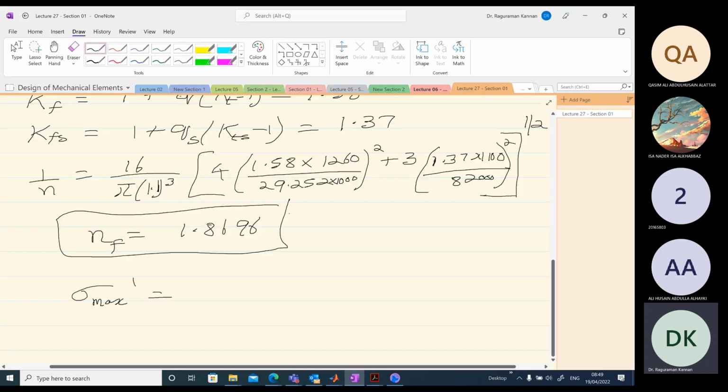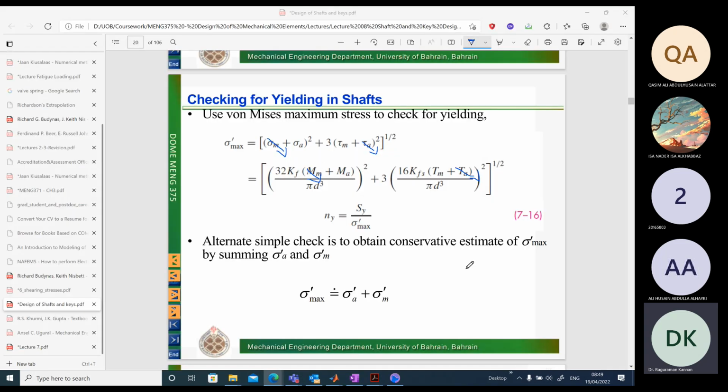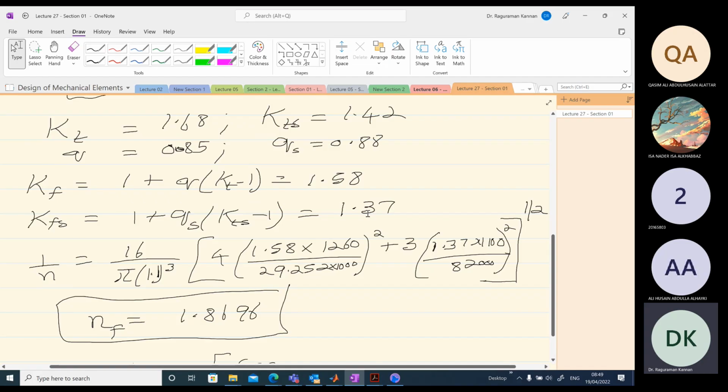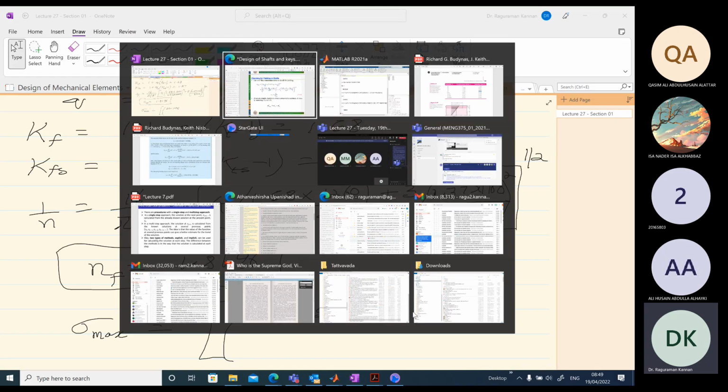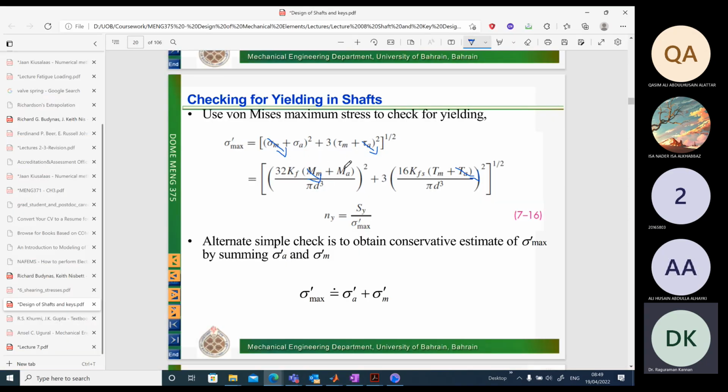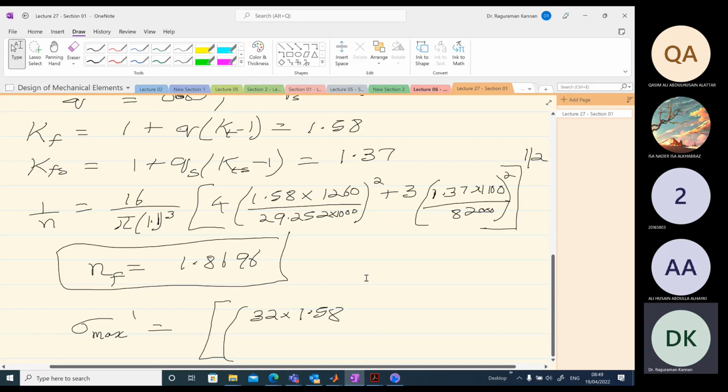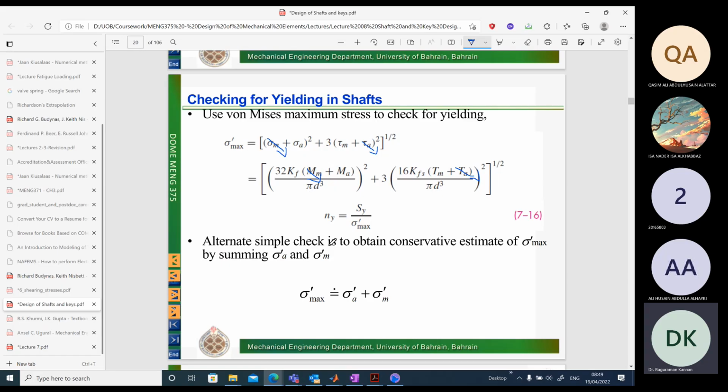So we have square root of 32 times the KF value. The KF value we already know, 1.58. And we have MA 1260, over pi d cube.